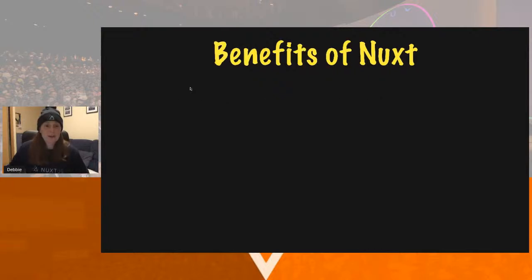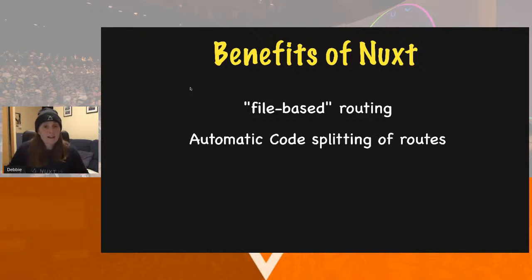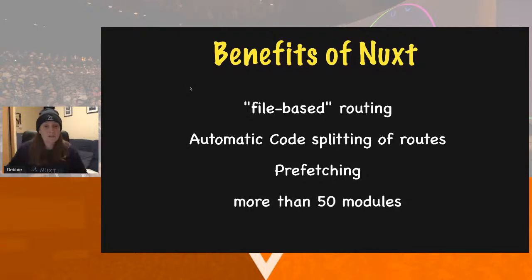So benefits of Nuxt: file-based routing, which is what we talked about. Automatic code splitting of routes. You don't even have to have a router.js file. You just put everything into the pages folder and Nuxt does all the magic for you. Prefetching, as we talked about, and there are more than 50 modules. So you can set up a PWA, progressive web app.